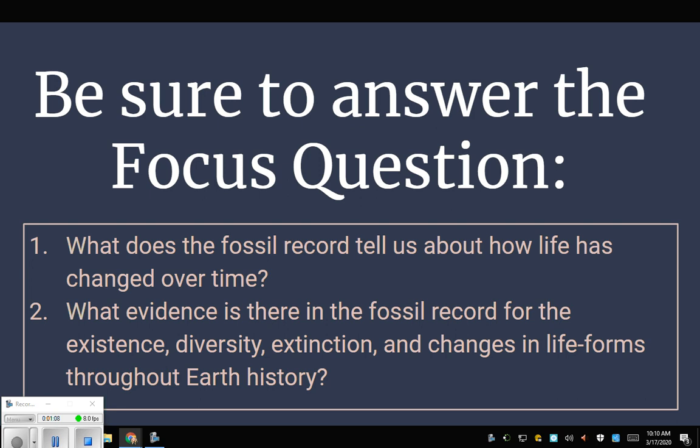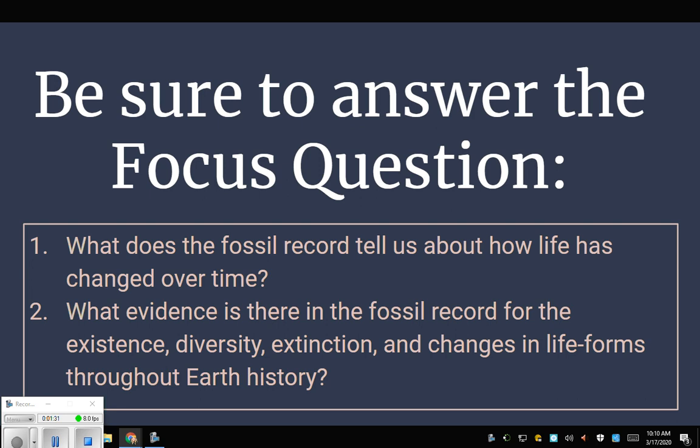It tells us when things existed. It tells us how things have evolved. It tells us the habitats they lived on, the ecosystems. These fossil records are extremely important for us to understand our history and how life existed in the past. So make sure you're able to define that and understand that, so when you answer that question, you're very clear and concise.